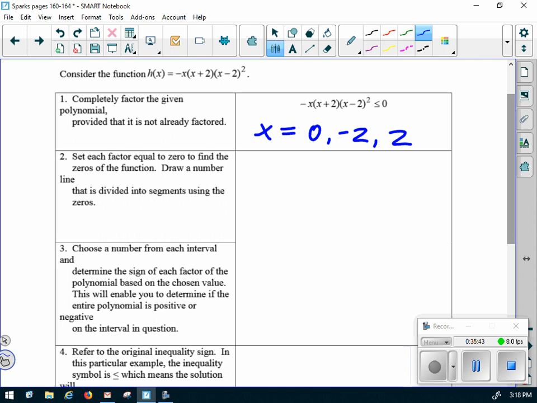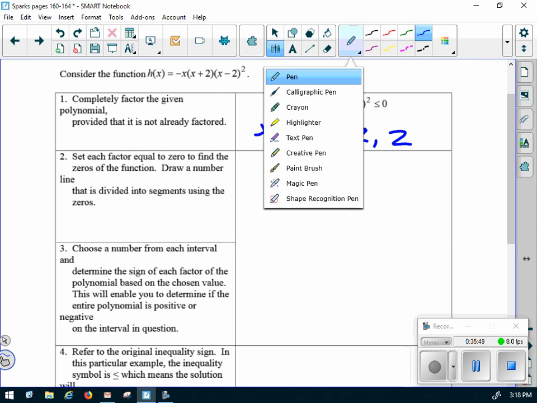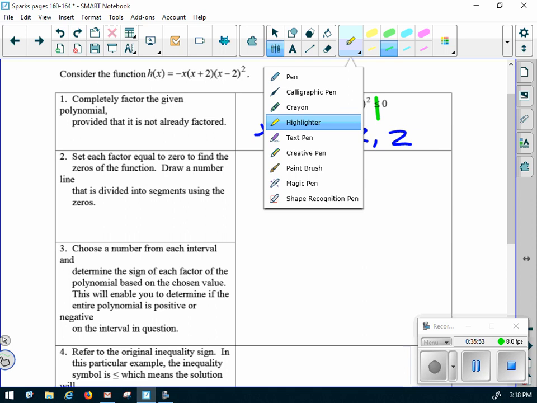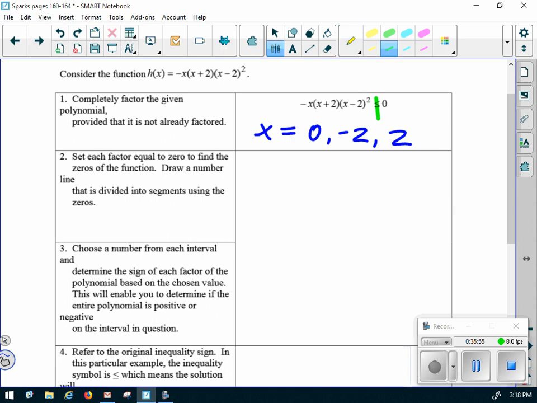Do I have to write the 2 down twice? No, sure don't. Now, what should you highlight? Less than or equal to. Does that mean you're going to have parentheses or brackets? Brackets, because that's the equal to part.